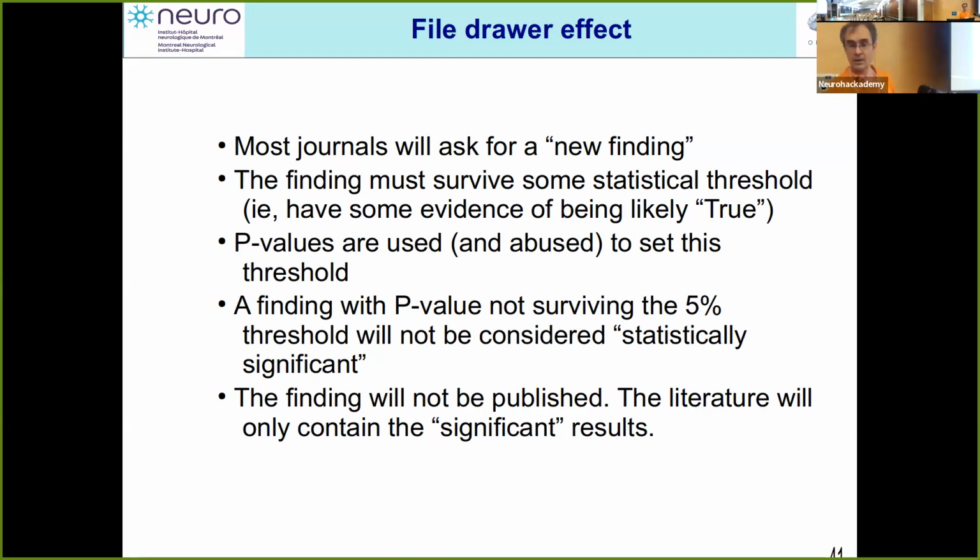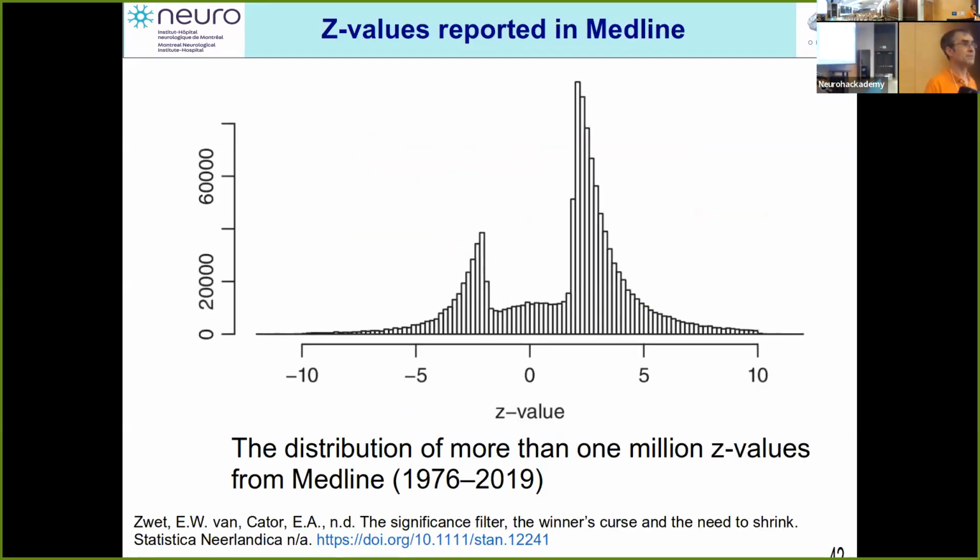Okay. And this is the Z distribution in the literature from Medline. I think everyone can see what's going on here. There is a part of the distribution that we don't see. It must exist. It's not very difficult to think of what kind of curve should be on top of this one, but that's not what is published.